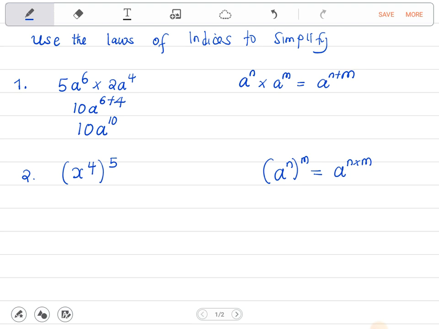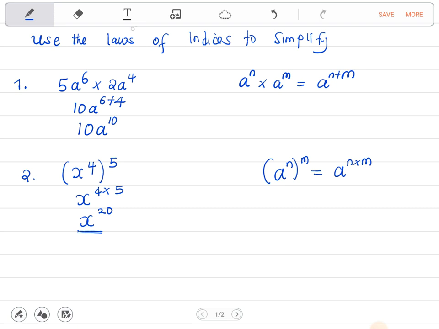Clear? So this is just the same as x to the power 4 multiplied by 5, which will be x to the power 20. We are following each other, and I hope so.